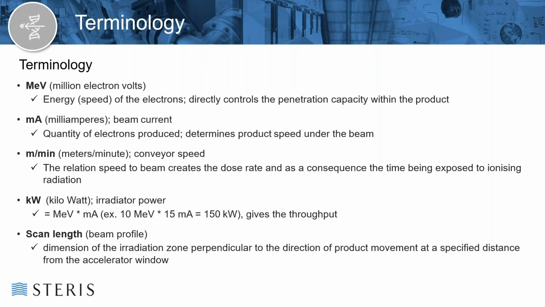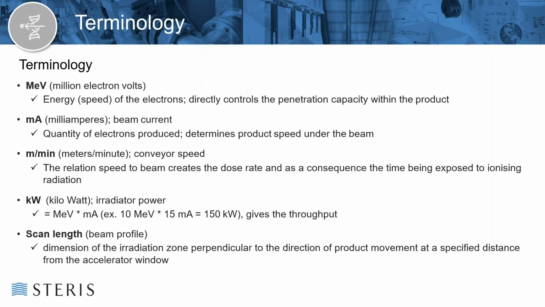with your machine. The milliamps of your beam are the amount of electrons produced by that beam. Larger beams typically produce higher currents or higher milliamps. The amount of milliamps directly determines the speed at which you're going to have to pass your product past your electron beam source to deliver a defined level of dose.